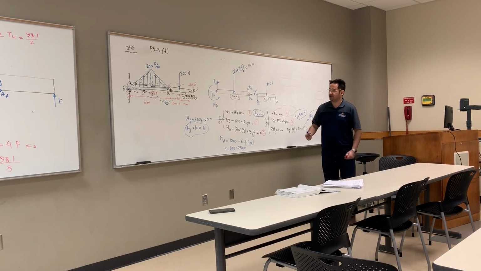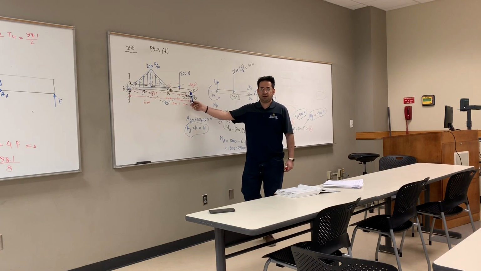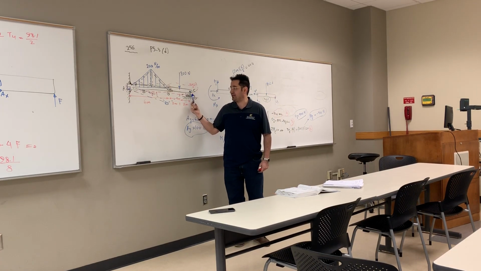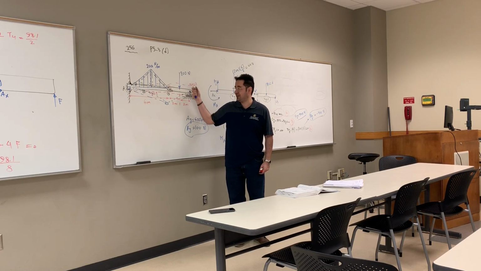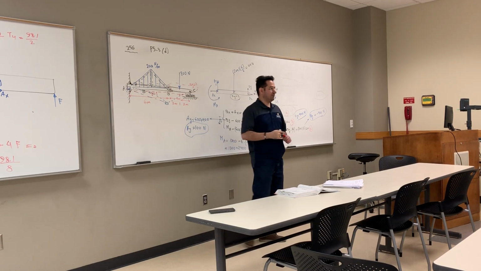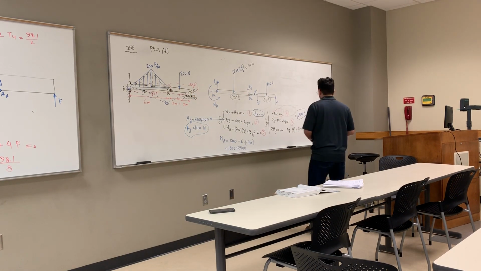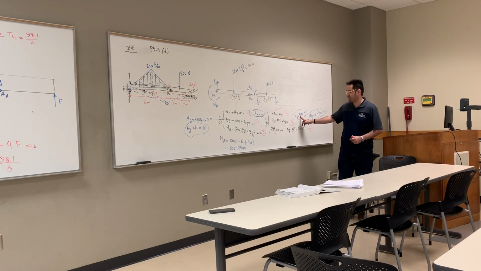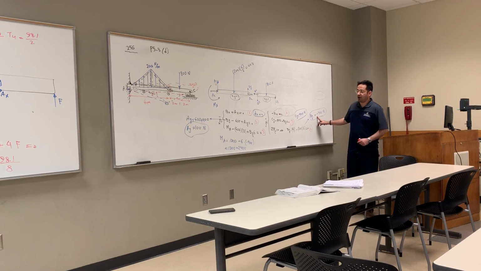Well, just look at the C. The actual reaction at C should be upward, positive. If the roller is pushing this way, then you're doing right. So let's go to CY. CY positive. You see? I'm not talking about BY, but I'm talking about CY.